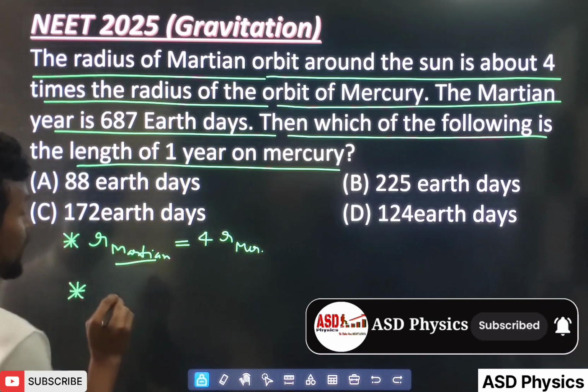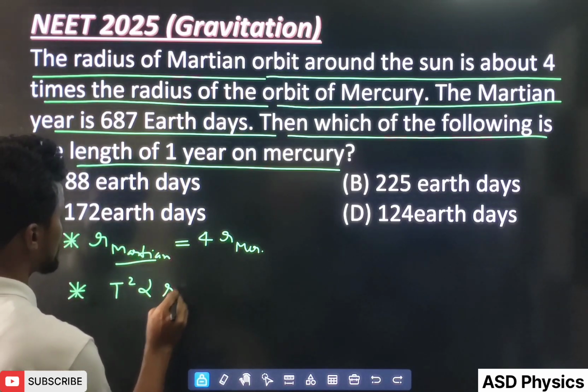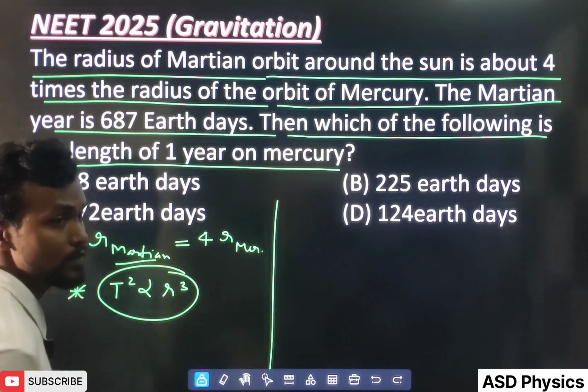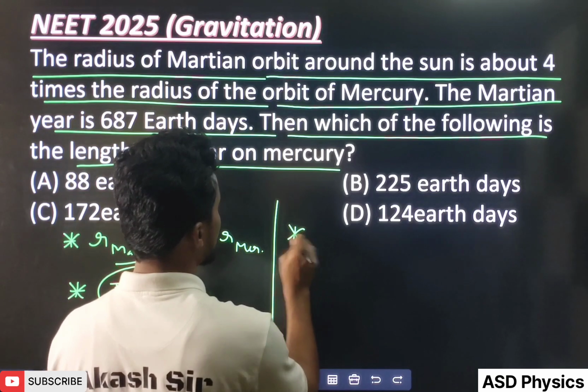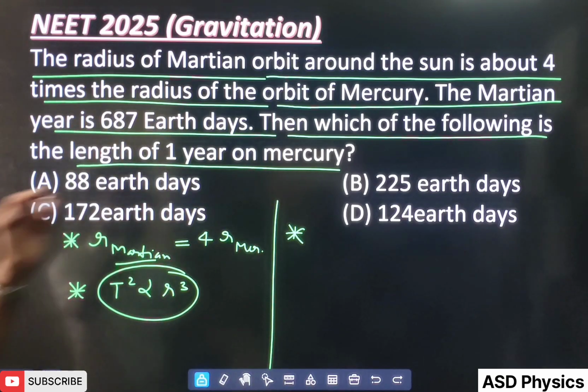Now, we have to use Kepler's law here. What is Kepler's law? It tells that T square is directly proportional to R cube. So we have to calculate for the Mercury.